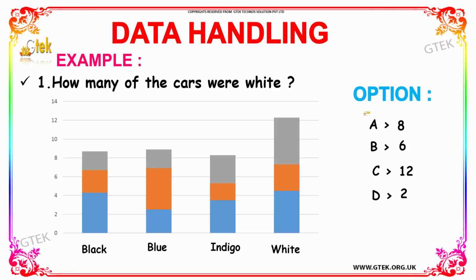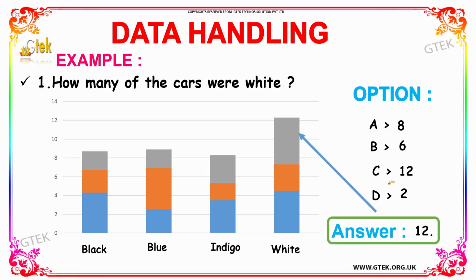We have the options as A greater than 8, B greater than 6, C greater than 12 and D greater than 2. So, what will be the answer and how many cars were white?